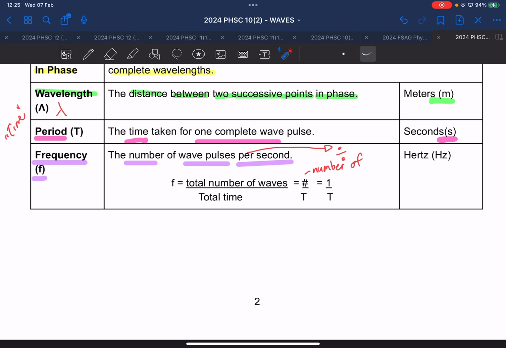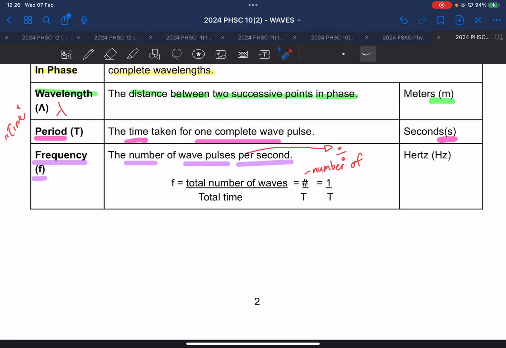Page 27, halfway down the page, there is a table with a heading that says waves, sound, and light. Alright, there where it says waves, sound and light, look at it, there are 3 formulas there.